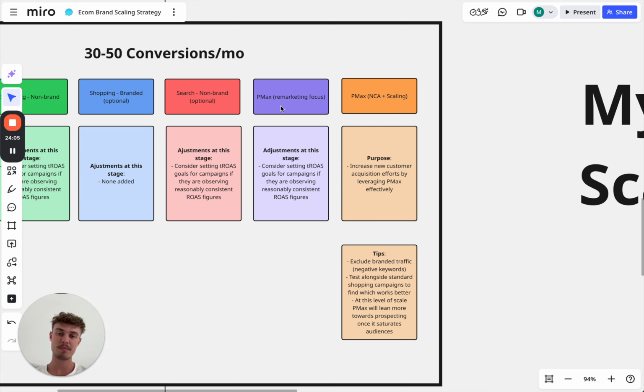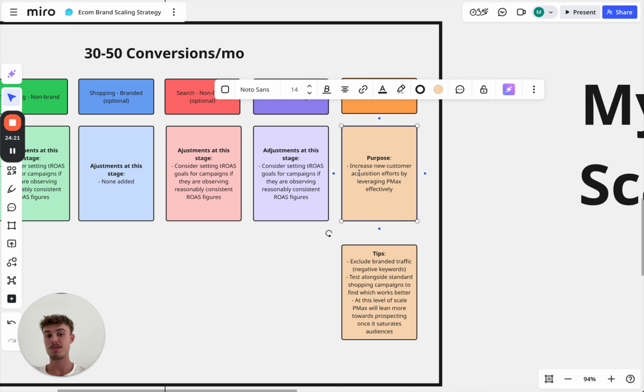So we have this PMAX primarily for remarketing, but once you're getting 30 to 50 conversions a month, you can start to utilize PMAX to actually find new customers for you in most cases. It can do it earlier on as well, but this is usually the best point to consider using this campaign for new customer acquisition. And it can increase your new customer acquisition efforts by leveraging PMAX effectively, right? Using all of your placements across the entire Google network and all of the AI-powered algorithms to target effectively.